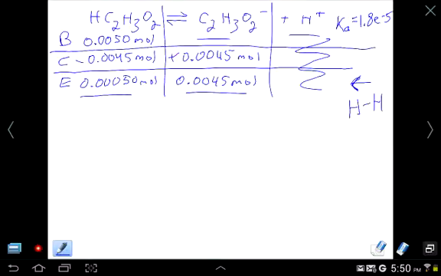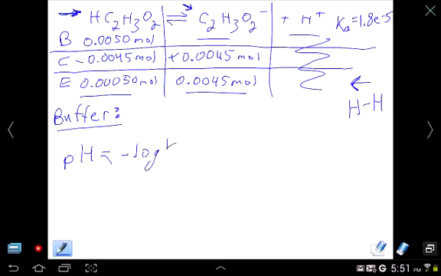Because we have both a weak acid and its conjugate base, we have a buffer. So for the buffer, pH is negative log of Ka plus base over acid. And these are usually in brackets. But remember, we can use moles as well as molarity.